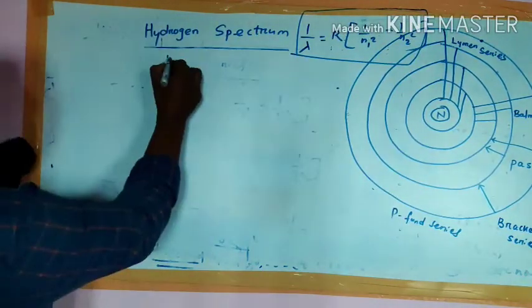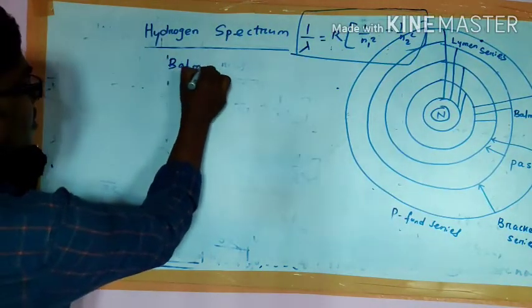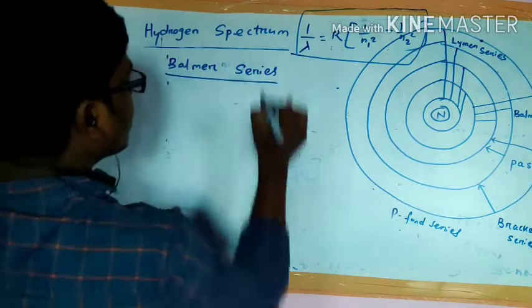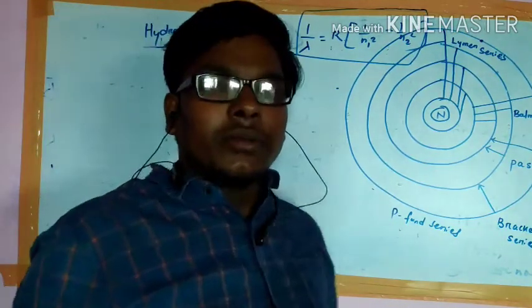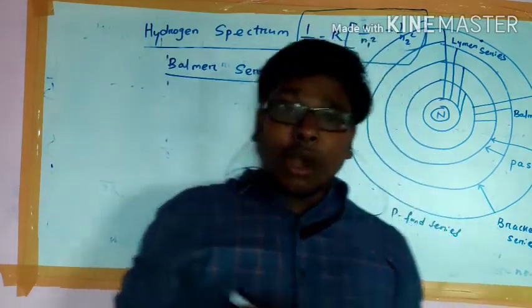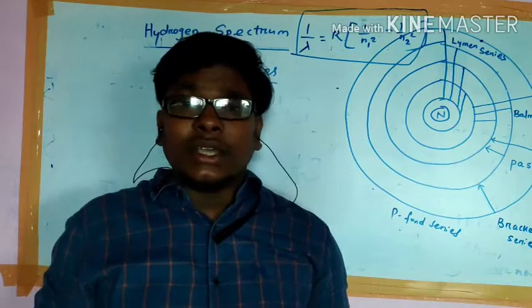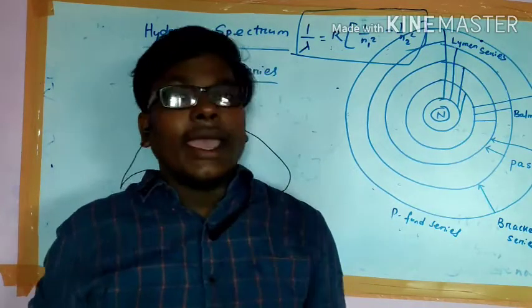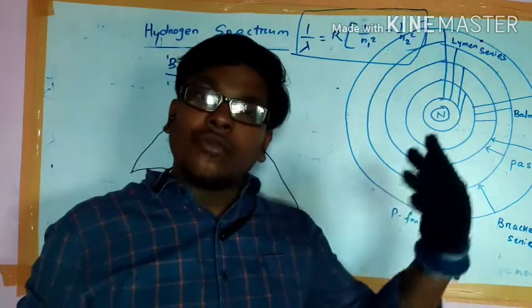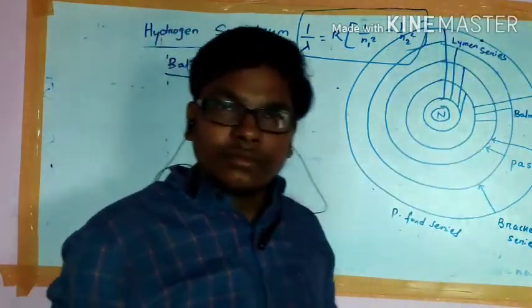Next is the Balmer series. So the definition is very simple. The Balmer series is the spectral series in which the ground state orbit is orbit number 2 and the excited state orbit starts from 3, 4, 5, 6 up to infinity.